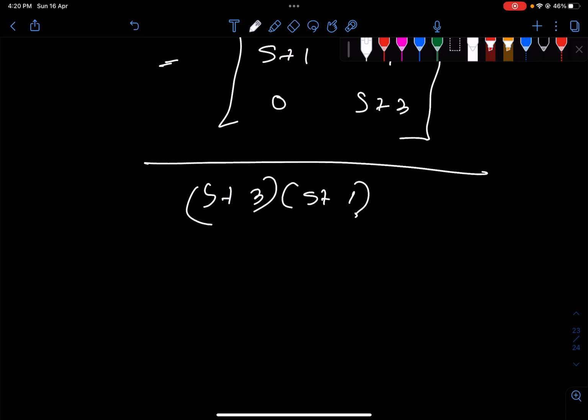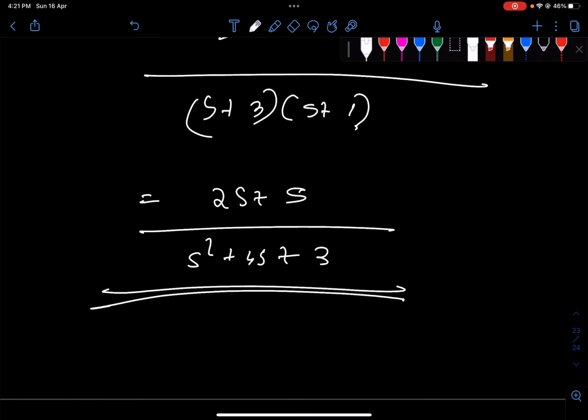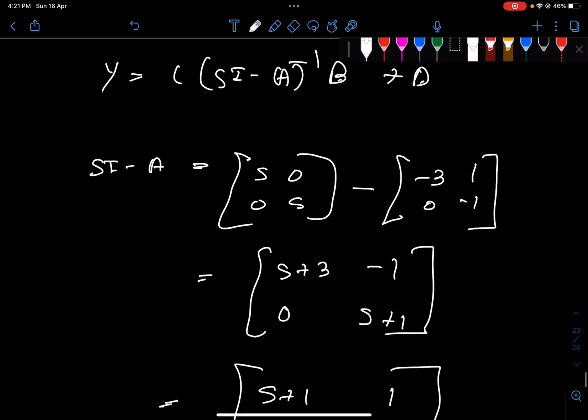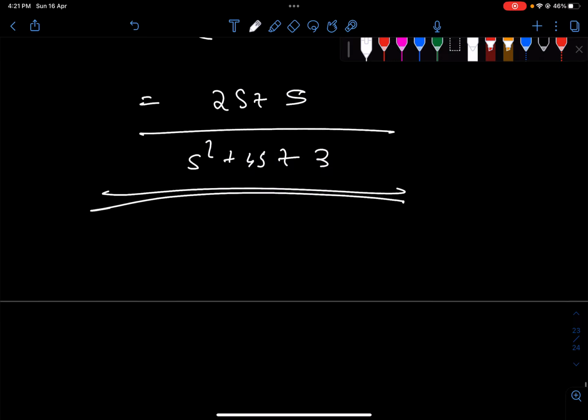The transfer function. So let me check the transfer function. Your transfer function is, you can check this one, I think it is (2s plus 5) divided by s squared plus 4s plus 3. Okay. You can check this one and verify your answer. Let me check again. Yep, you can find out. So this is our answer.